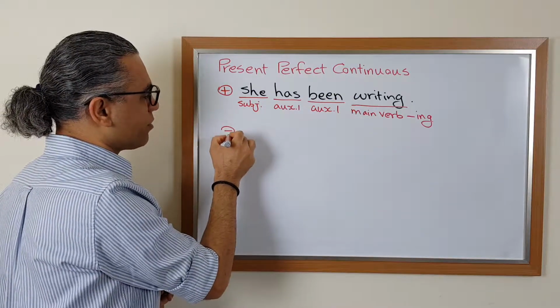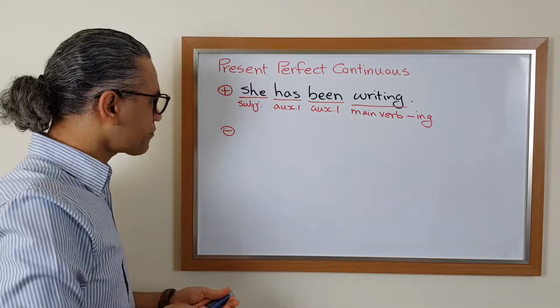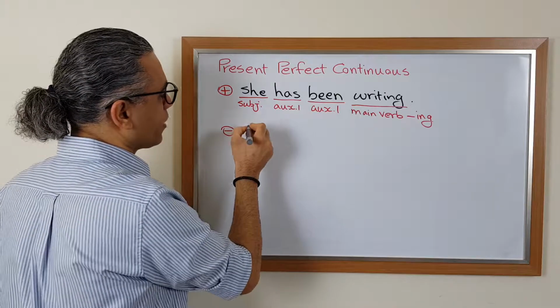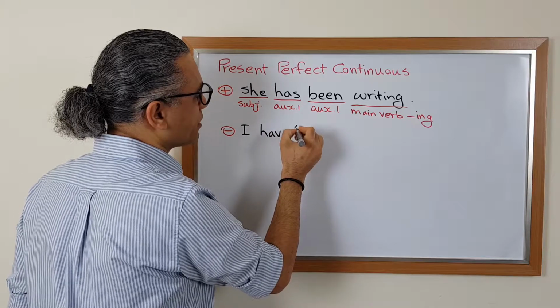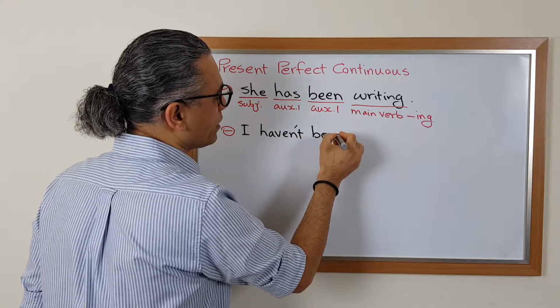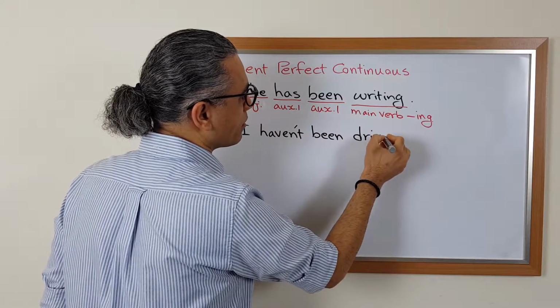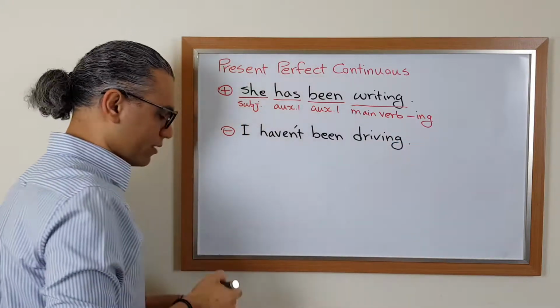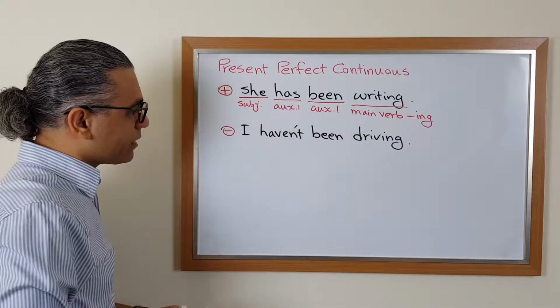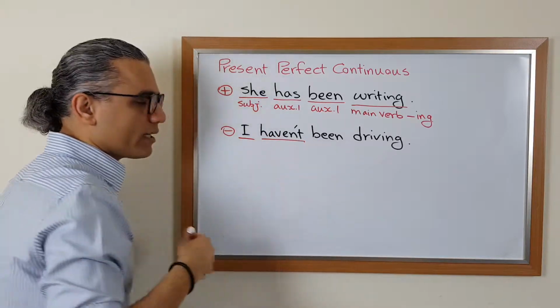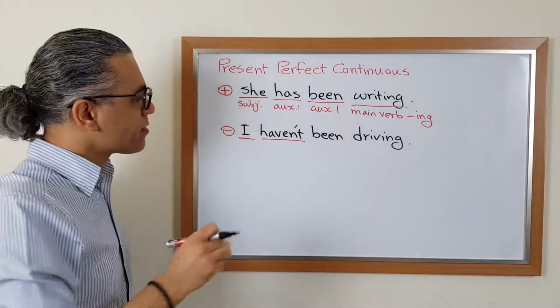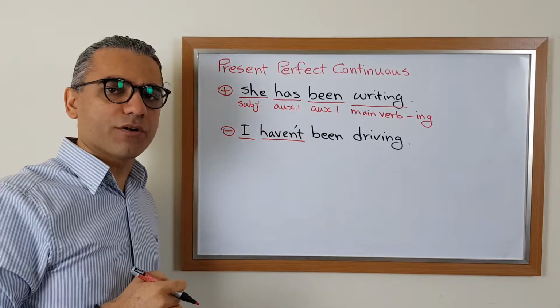A negative example. I haven't been driving, for example. Again, the sentence starts with our subject. And after that, in a negative sentence, we always make the first auxiliary verb negative.